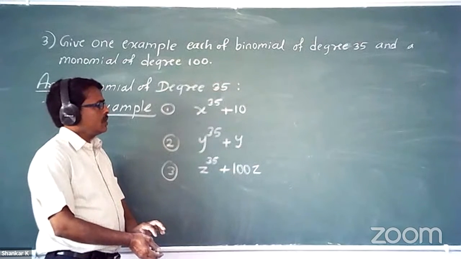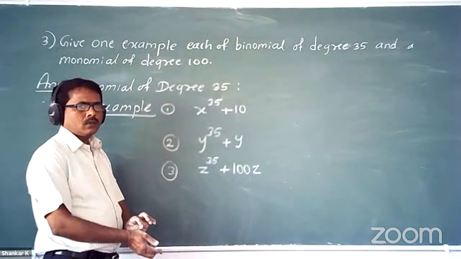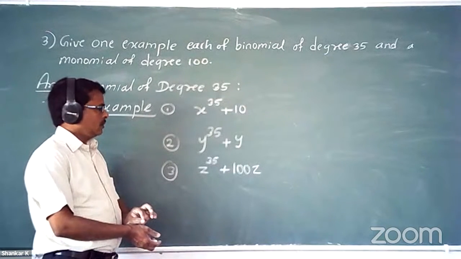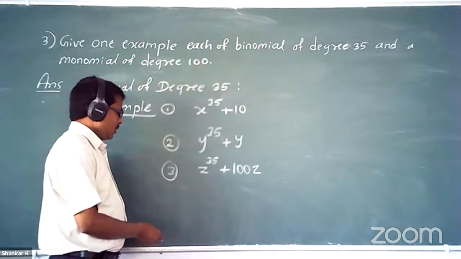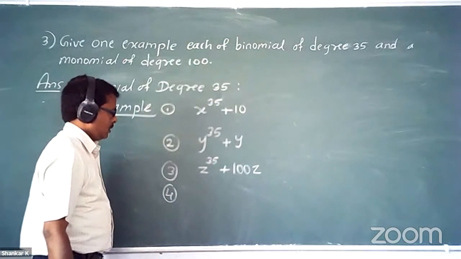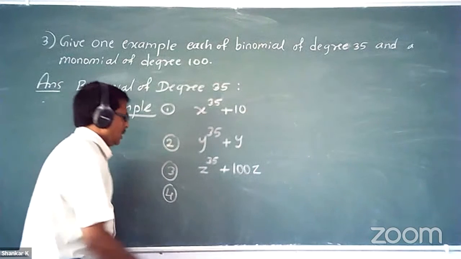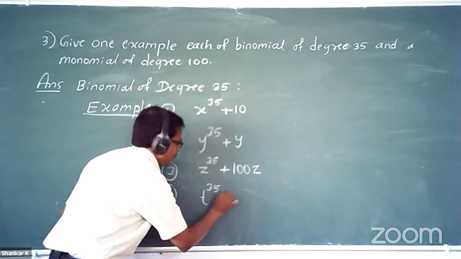Understood? Give an example then. Why are you worrying? Sir, t raised to 35 plus 200x. Which you told? T raised to 35. T, right? T raised to 35 plus 200x.